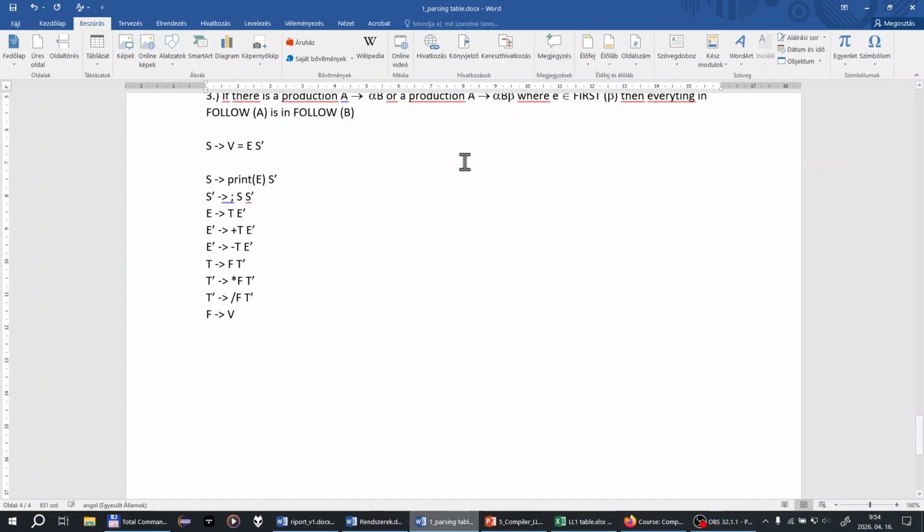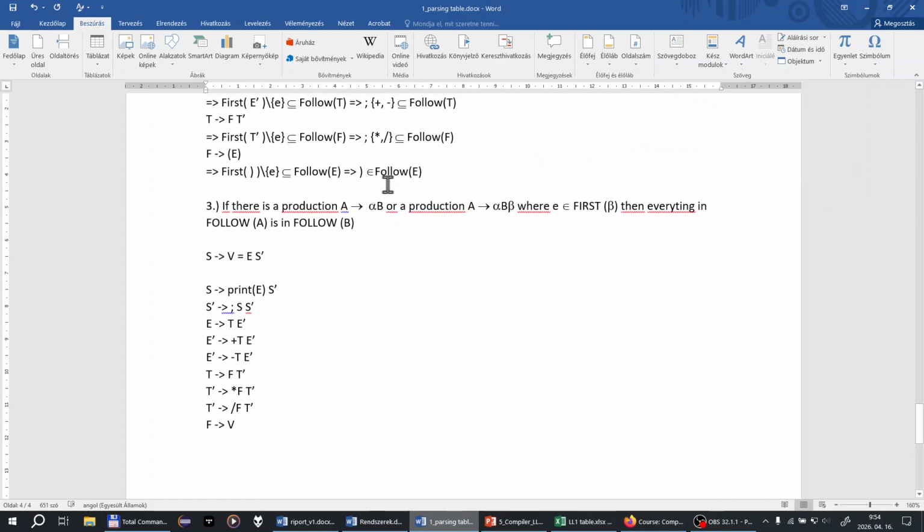Okay, so because E prime is at the end of the right hand side for the gamma rule with S, then follow A is equal to follow B, so follow S is a subset of follow S prime.